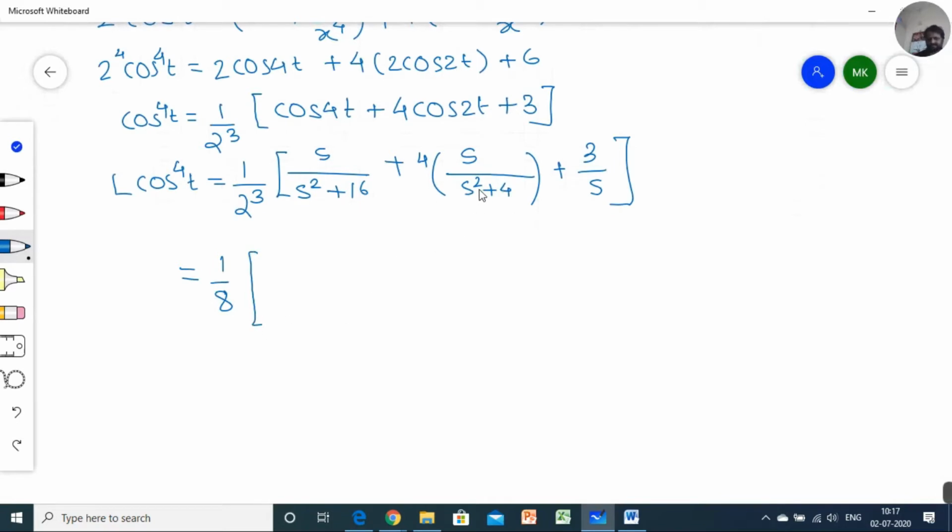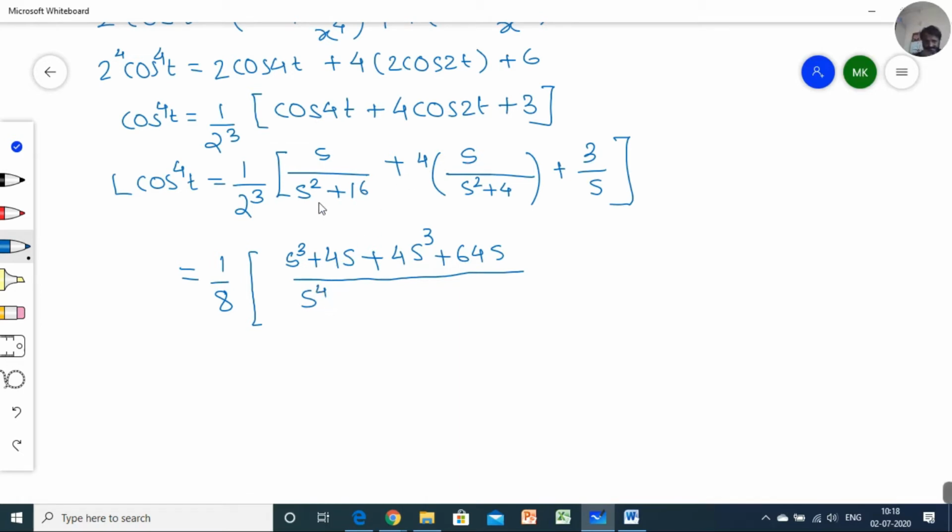While simplifying, I'm going to simplify these two terms, so it becomes s cube plus 4s, cross multiplication, plus 4s cube plus 64s, divided by s square, or s raised to 4.